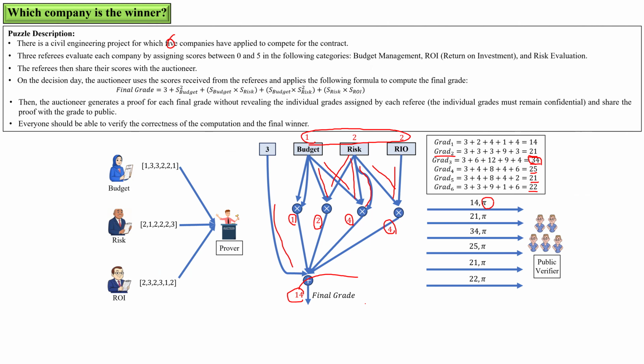understand that, okay, the prover has some values. Those values, which are 1, 2, and 2, are hidden from the public. However, the public can say that there were some values known by the prover that follow the circuit to generate the final grade 14.